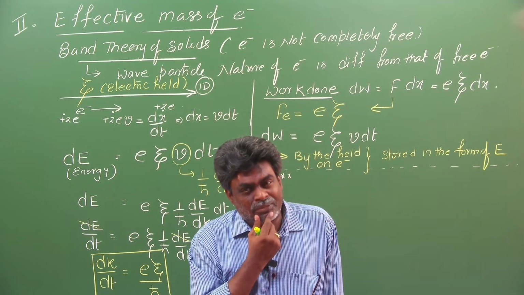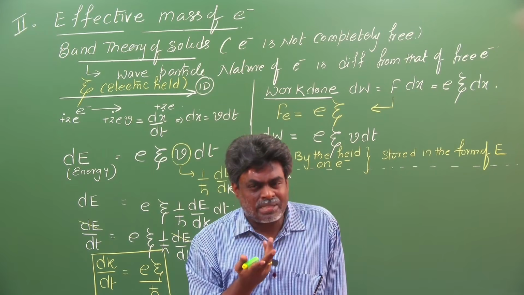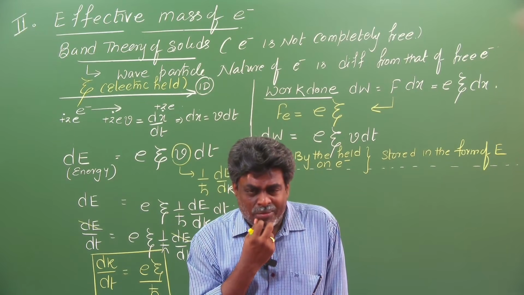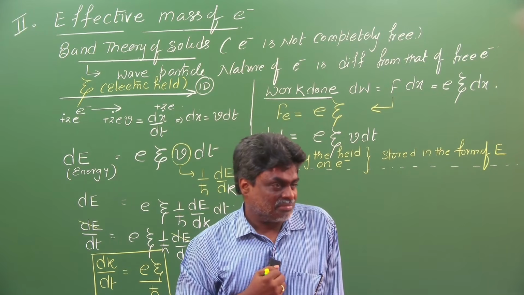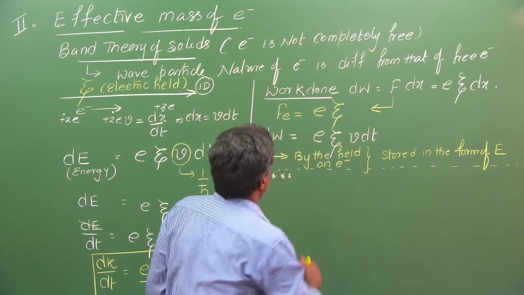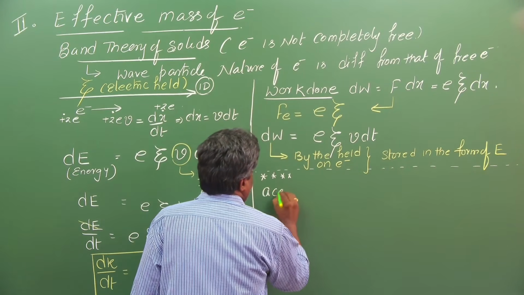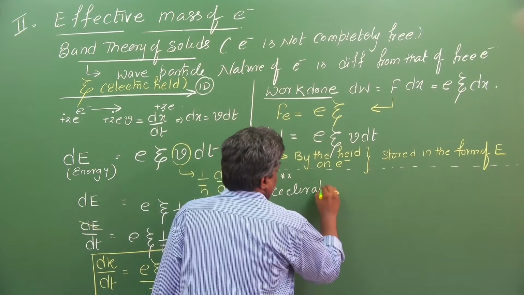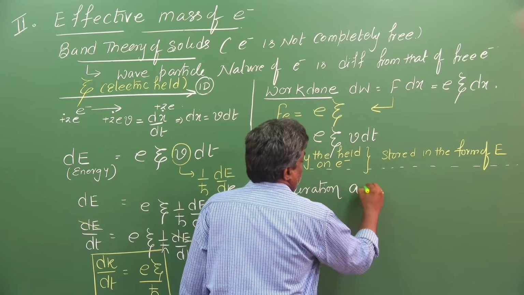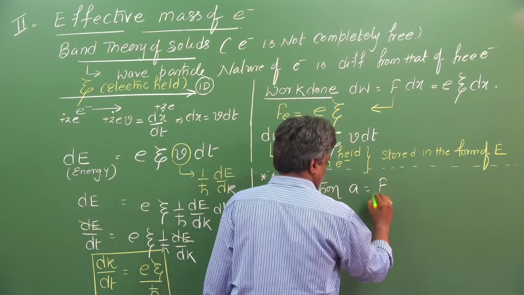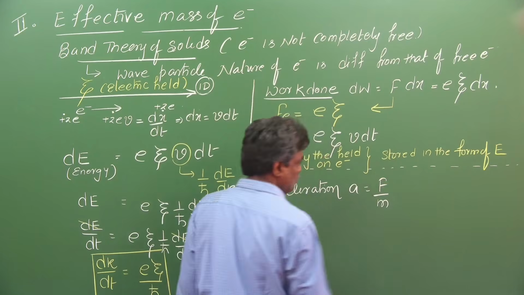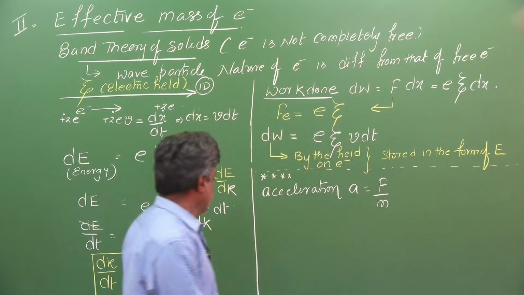Then again I want to find the mass. Mass is nothing but force by acceleration. Say yes or no? That's why I would like to find the acceleration. The acceleration a equal to how much? F by m. Yeah, acceleration is F by m.